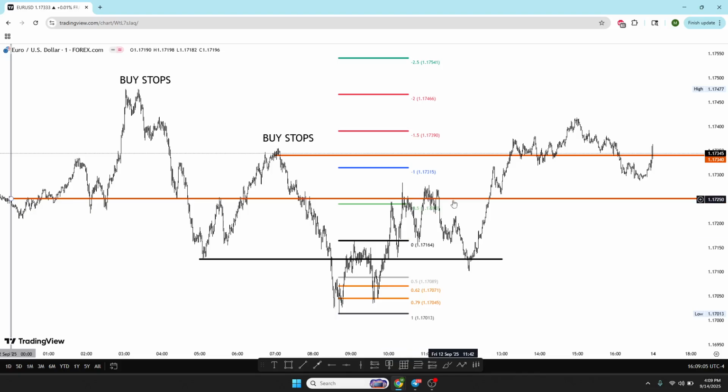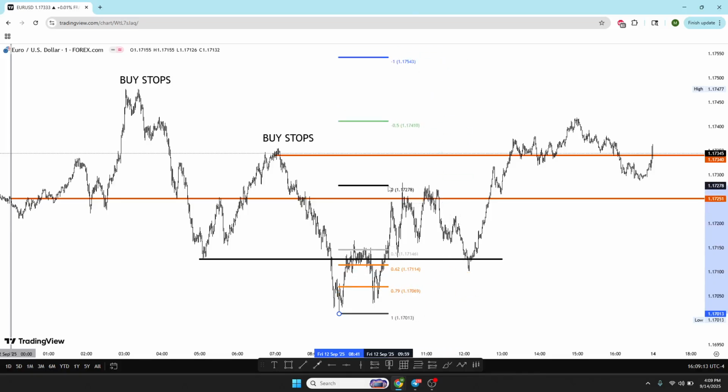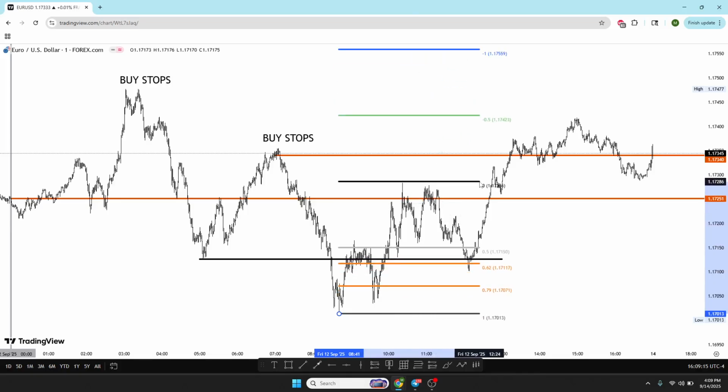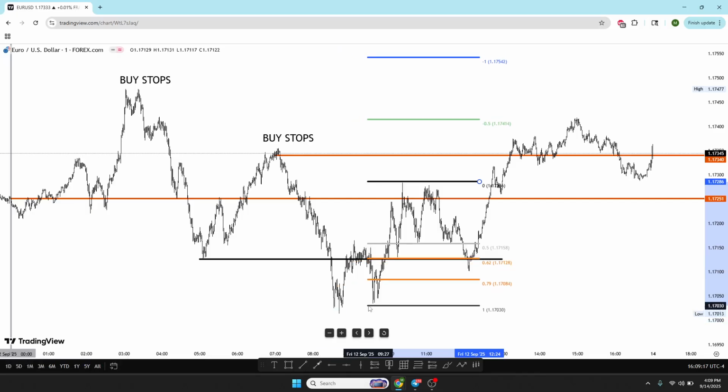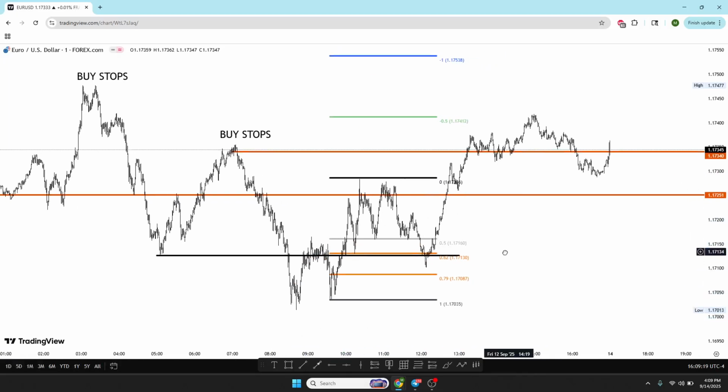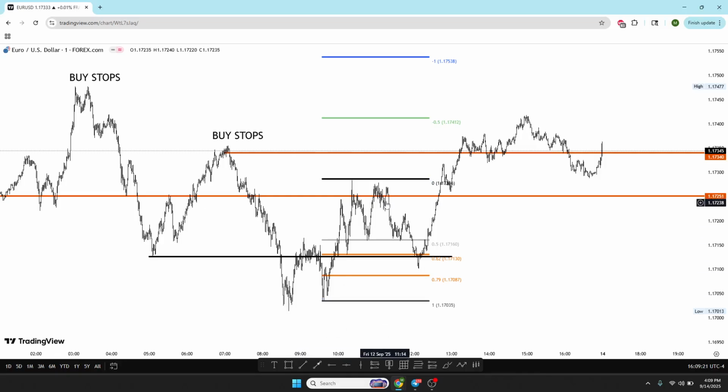All we do is trade back down, and this is some food for thought. We'll put in another optimal trade entry. So from one optimal trade entry to the next. So we go to this high, and we'll drag the low back to here. Again, low to high, we trade down into the 62 to 79% retracement.